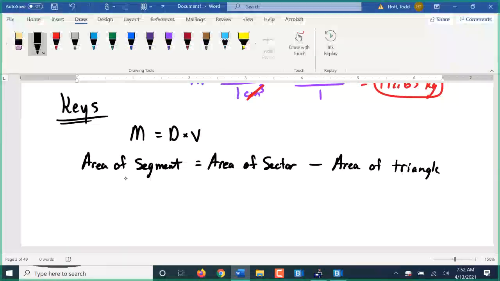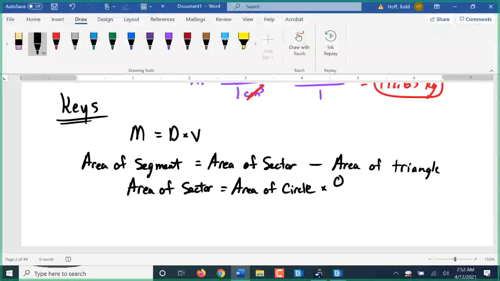Third big formula, we've used this enough, I probably don't even need to write it down, but the area of a sector is equal to the area of a circle times our angle over 360.